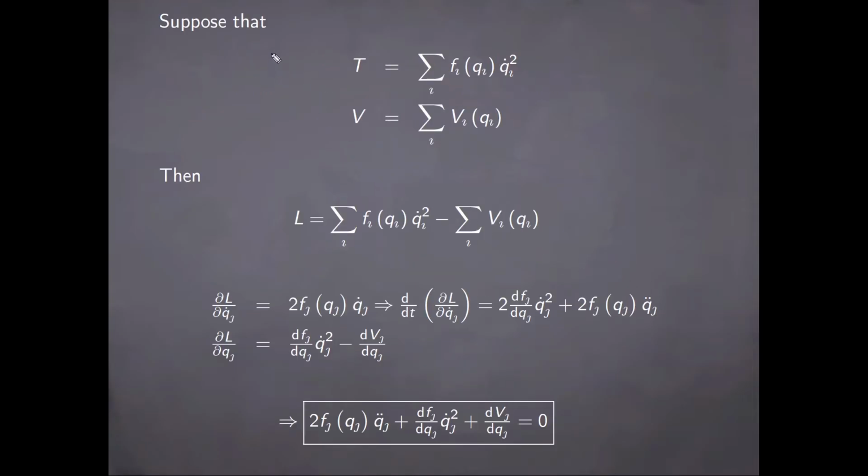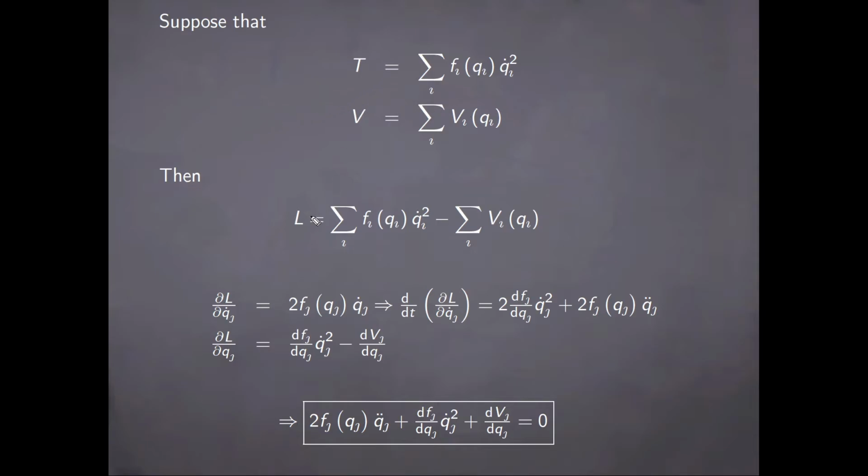As another important topic, we will now suppose that we are describing systems where the kinetic and potential energy can be written as separable functions. That is, both of these are sums of functions involving only a given generalized coordinate or generalized velocity. So we don't have mixed terms in these two quantities.